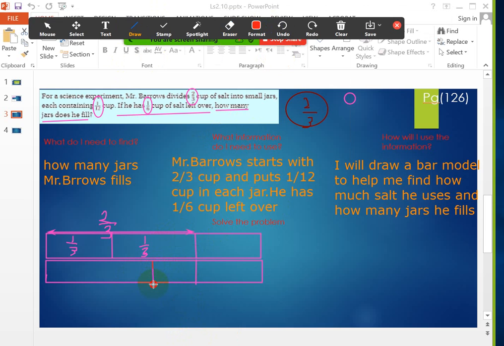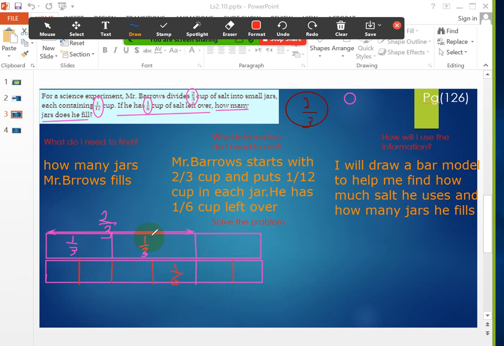So it will be like this. Of course this side is not counting with me. So this is 1 over 6, but I will not count those. So to understand 1 over 6, you have to divide the whole into 6 equal parts and choose 1 over 6.